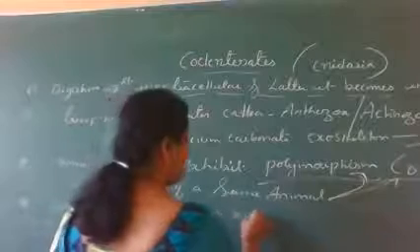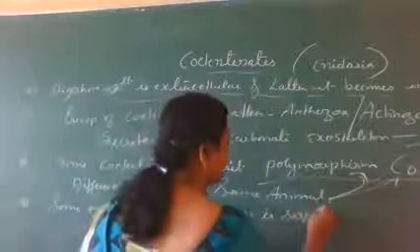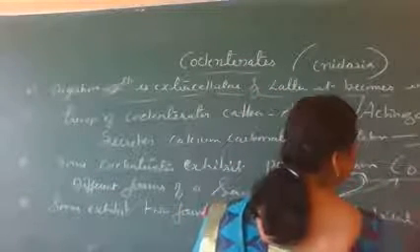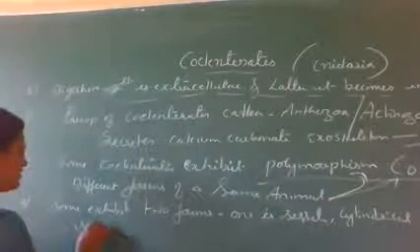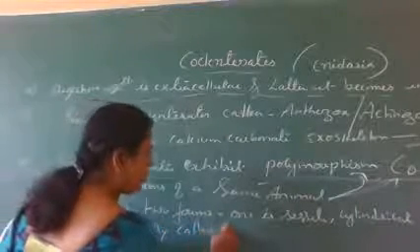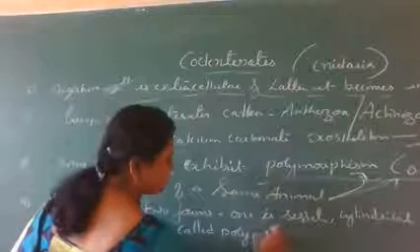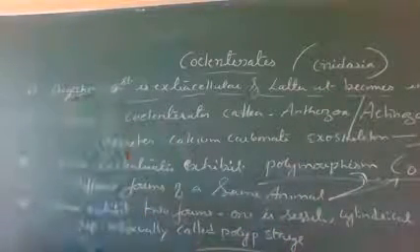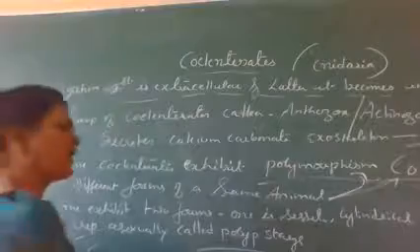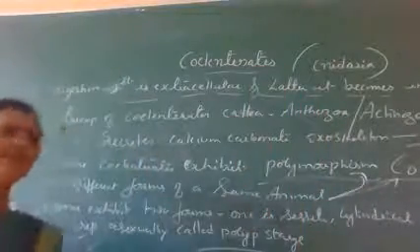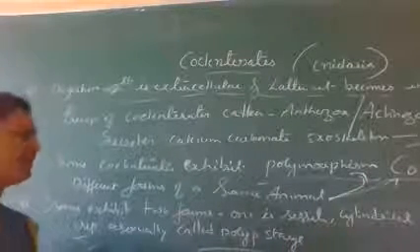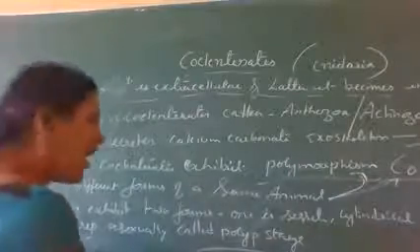One is a sessile, cylindrical body that reproduces asexually, called the polyp state, or polyp form. The polyp form is always sessile, attached, not freely moving, and has a cylindrical body, and it always reproduces asexually.